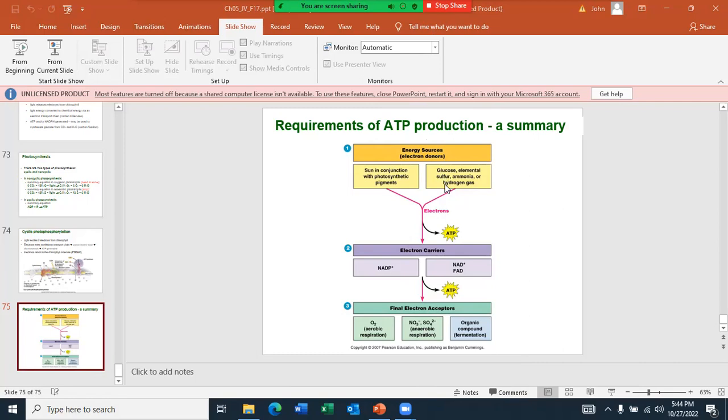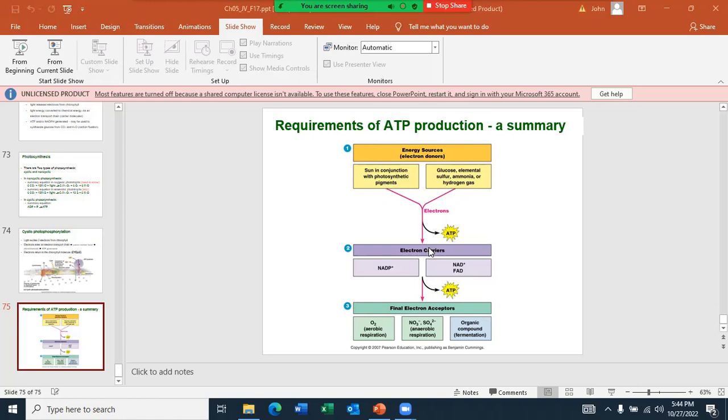For chemosynthetic organisms, it will be another molecule, a chemical molecule, but an inorganic chemical molecule. We didn't talk much about chemosynthesis. So the point is the electron source can vary. It can also come from chlorophyll when sunlight hits it. So the energy source is coming from the sun.